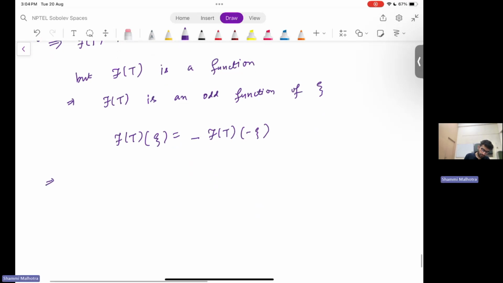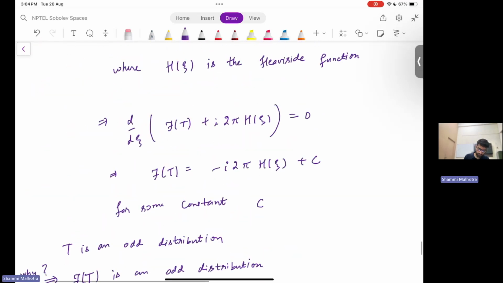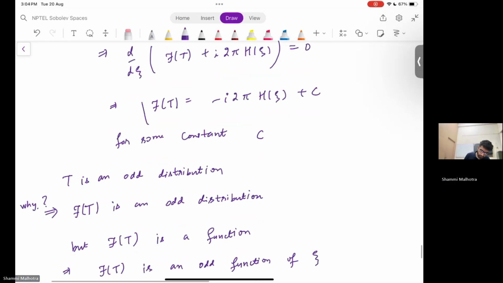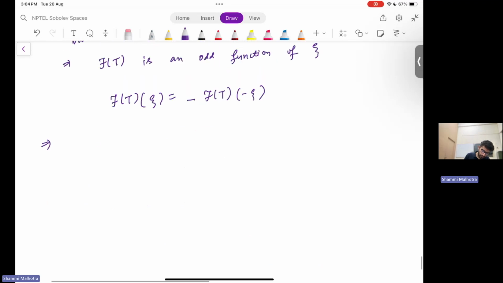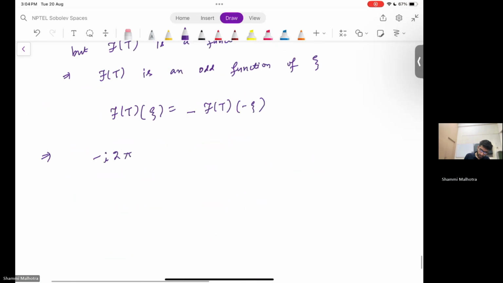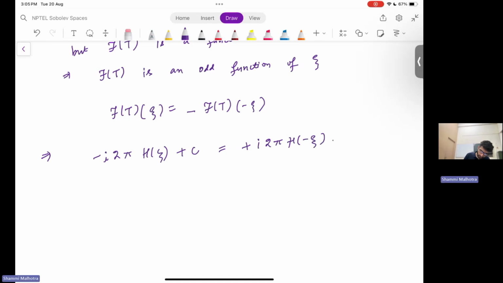Now what this basically implies is that we know the Fourier transformation of T is given by this thing only. So this is minus iota 2 pi Heaviside at xi, and then some constant is there, and this is minus of, plus of minus iota 2 pi Heaviside of minus xi, and this will give me a minus constant.